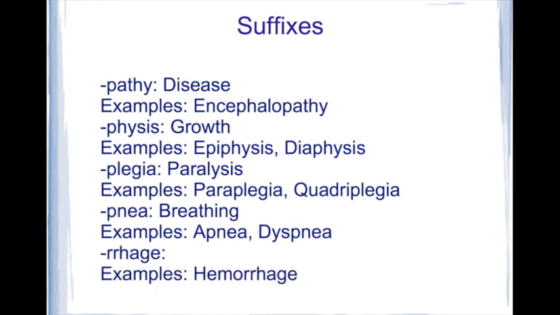Rhage. Mainly, you're just going to see it as part of hemorrhage. So hemo, again, means blood, right? So hemorrhage is when blood is doing what? A hemorrhage is basically when we're bleeding, right?